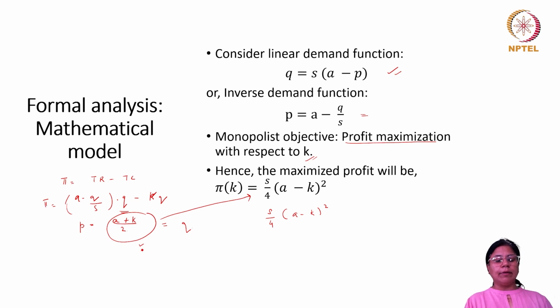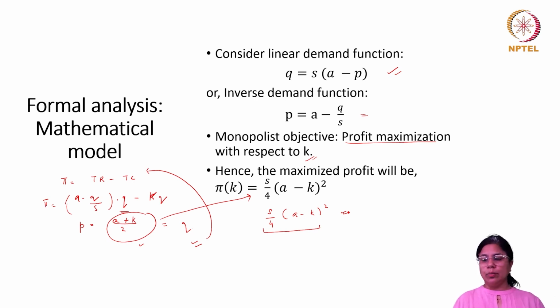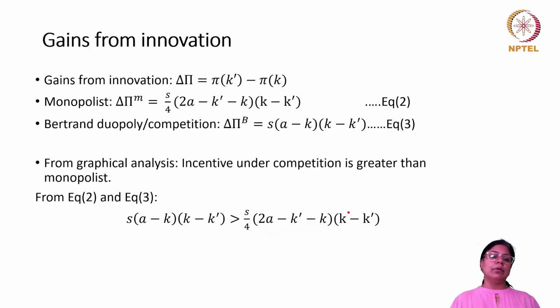Using this we can get the value of Q, and once we plug in these numbers to calculate your total revenue and total cost, you will find that the profit will be equal to S by 4 into A minus K whole square. So then using this, we have to figure out whether the monopolist will be making profit or not if he or she goes ahead with the innovation. Now in order to do that, what kind of comparison do we have to make?